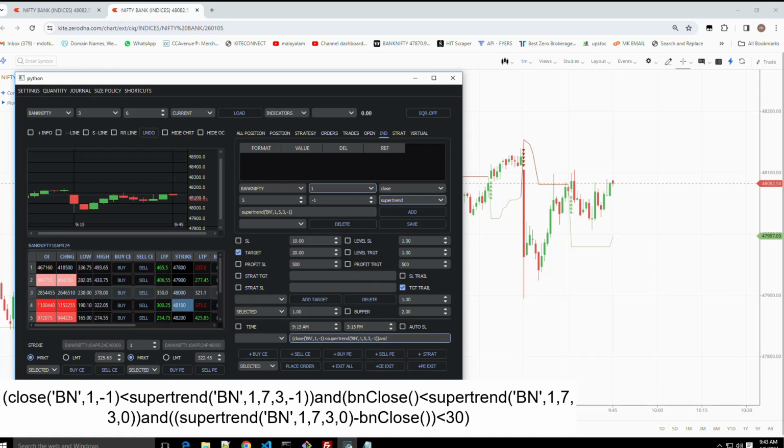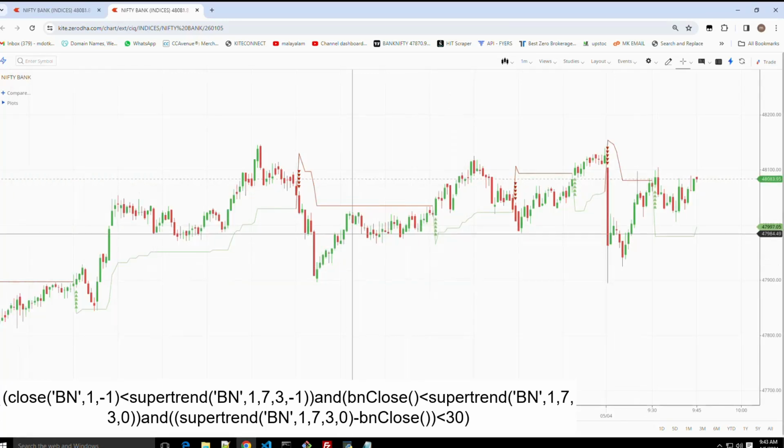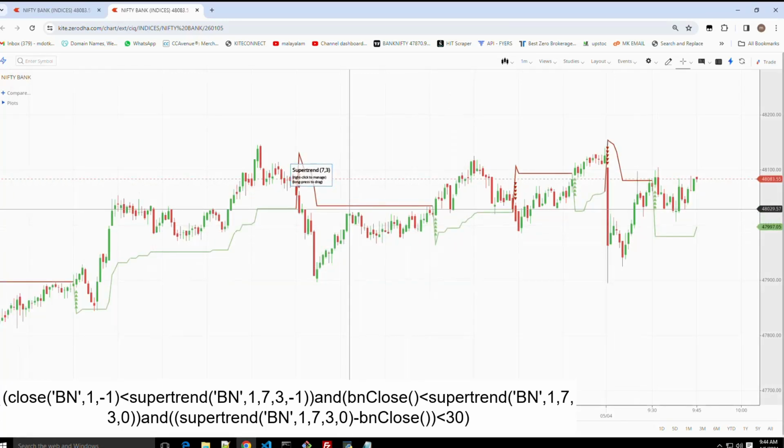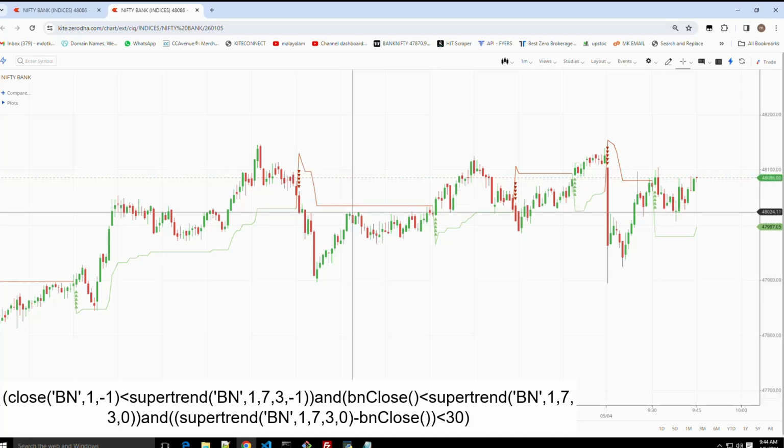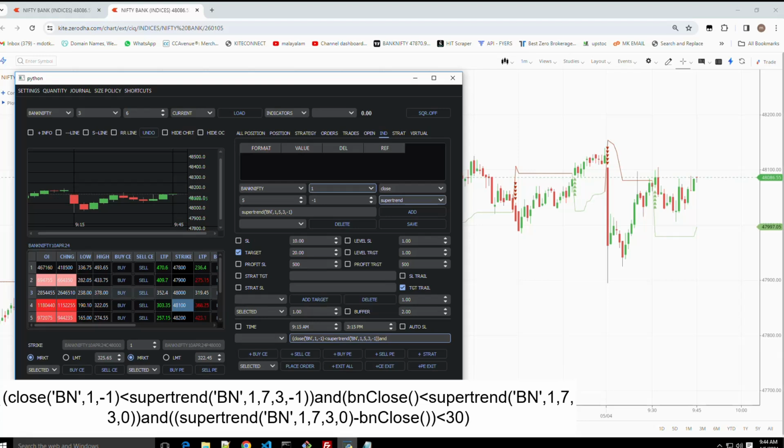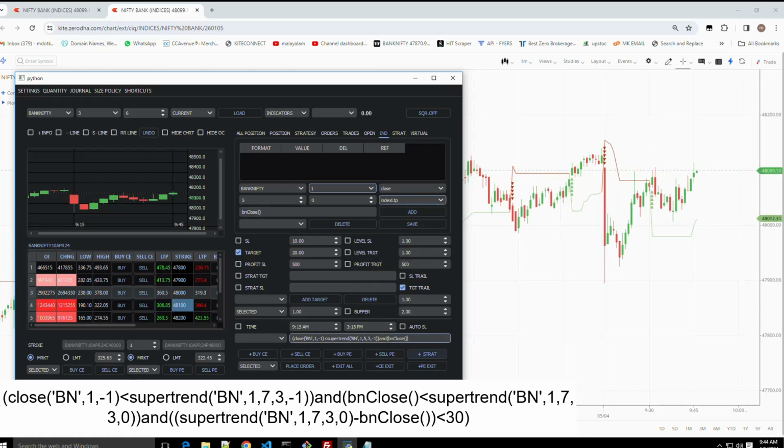Next parameter. The difference between our super trend value and the LTP should be below 20 or 30 as per your idea. Sorry, before the addition, I have one more condition. Our current LTP should trade below super trend.